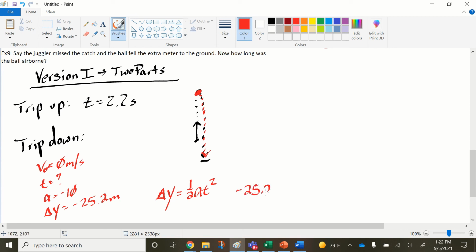Negative 25.2 is equal to negative 5t squared. I just simplified the 1/2 of acceleration, and you're going to get, I believe it's pretty much the same number, divided by 5, 5.04.